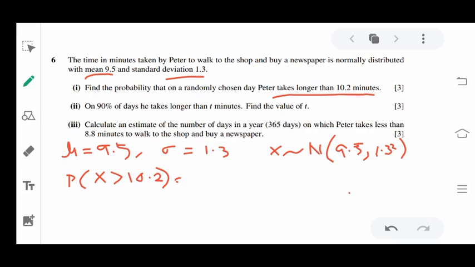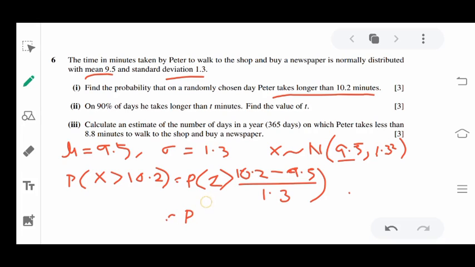which is equal to, when we standardize it, the probability of z greater than x minus mu divided by sigma, that is 10.2 minus mu 9.5 divided by sigma 1.3, which is equal to P of z greater than 10.2 minus 9.5 divided by 1.3, which is 0.538.